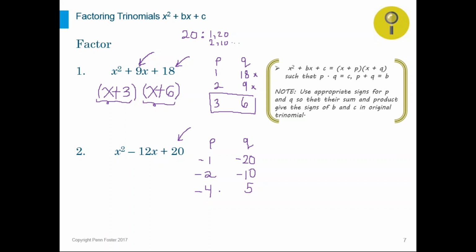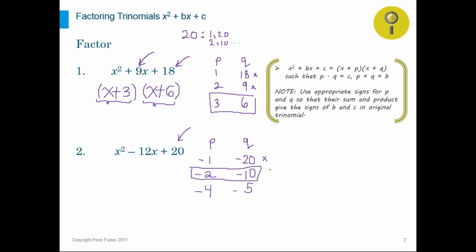Let's check what we mean by that. So negative 1 times negative 20 will give me the 20. And then when you add, you will get a negative answer. Now, the issue is what would be the set of factors that will give you a negative 12? It's not going to be the first set. It's going to be the second set.